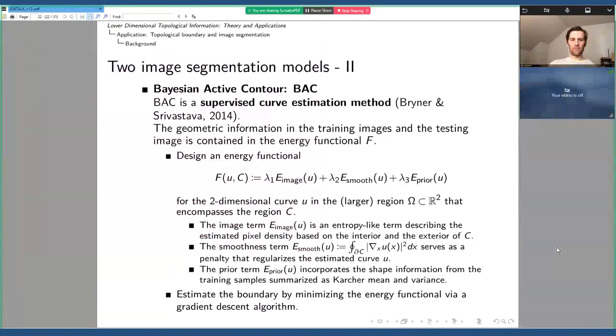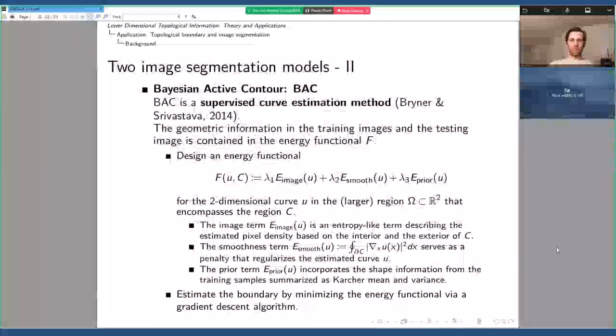You can compute the curve mean and variance of these 20 ground truths, which are 20 curves, and then put it into this prior term in a density-like form. All in all, after you finish designing such an energy functional, you have to minimize it, and the minimizer is actually a curve. This curve will be regarded as your final segmentation result. And this minimization is done through a gradient descent algorithm.